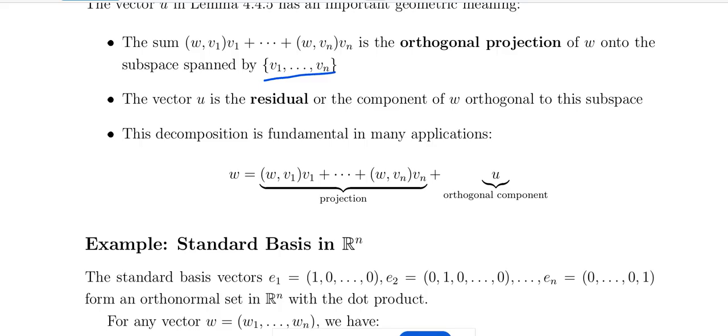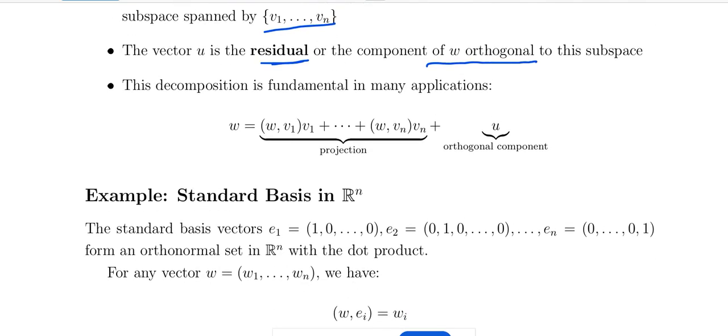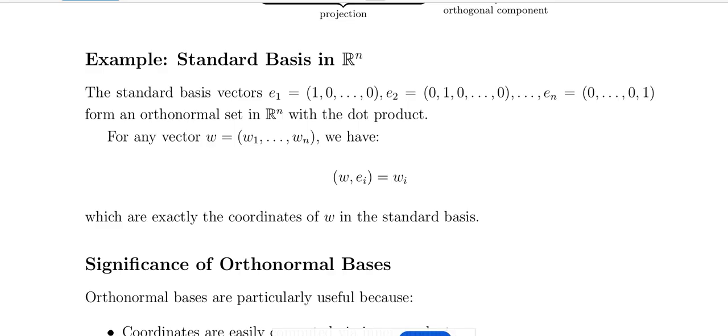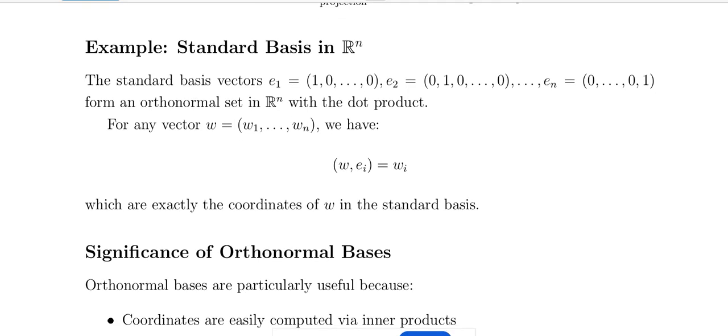The vector u is called the residual, or the component of w orthogonal to the surface. And this decomposition is fundamental in many applications. w equal to the projection plus u, where this is called the projection and this u is called the orthogonal component. Okay, I'll leave it there.